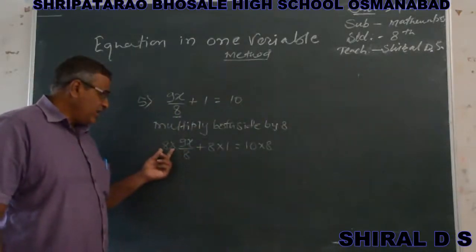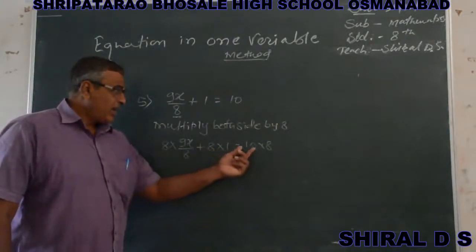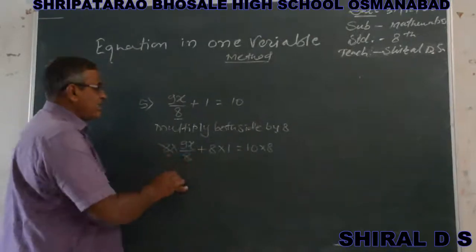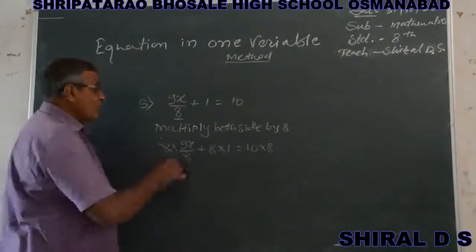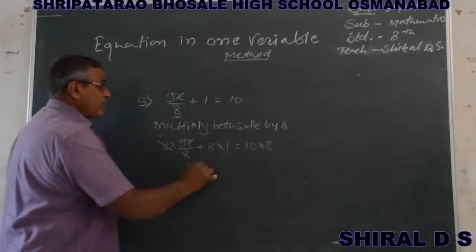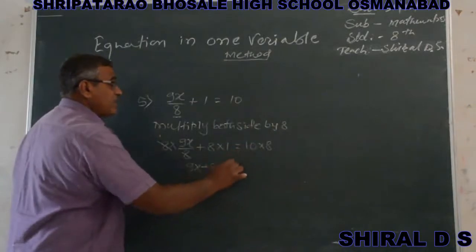Therefore 8 cancels, the division is 1 here. So 1 into 9x is 9x, 8 into 1 is 8, and here the multiplication is 80.